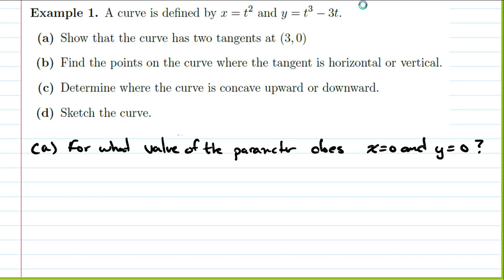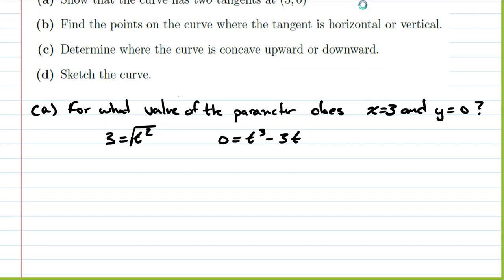Well, we need x to be 0, so that would give us the equation 0 is equal to t squared. Nope, I did that wrong. X should be 3. So t squared should be 3. And then when is y equal to 0? That would be 0 equals t cubed minus 3t.